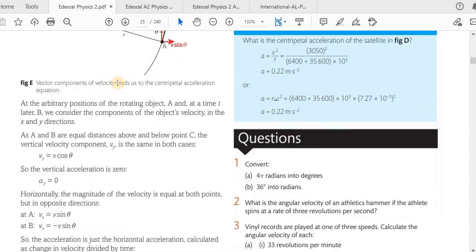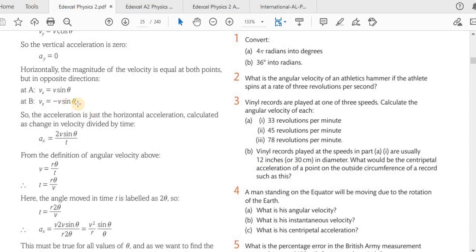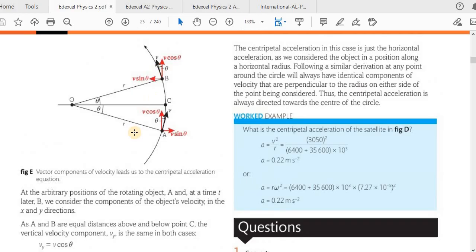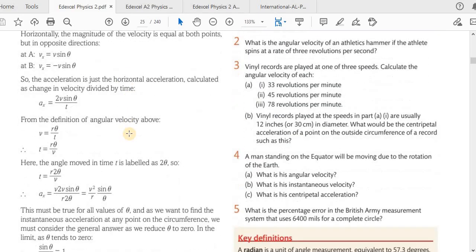Now here it is to the left, so that's why it's minus v sine theta. Then the acceleration will be change in velocity over time, so final velocity minus initial velocity divided by the time. So it will be the difference of this, that will be this change in velocity. So it will be 2v sine theta divided by t.